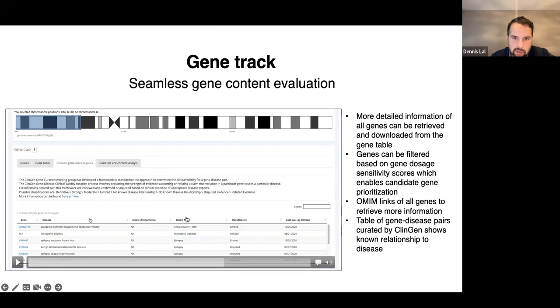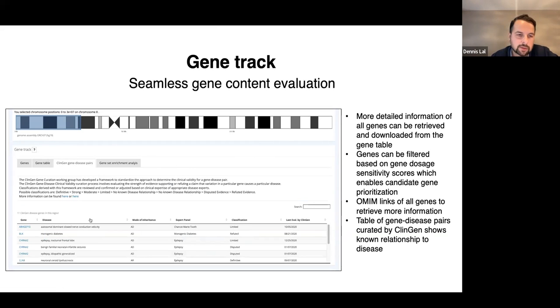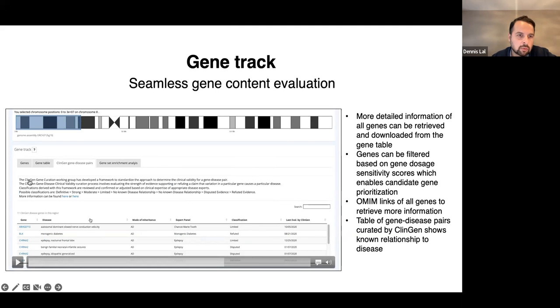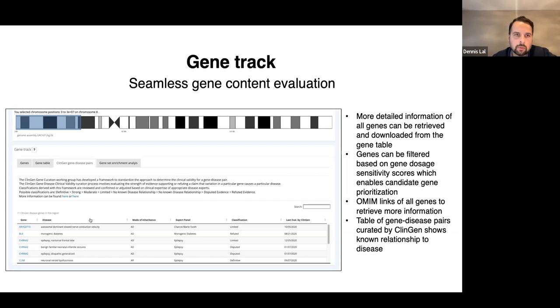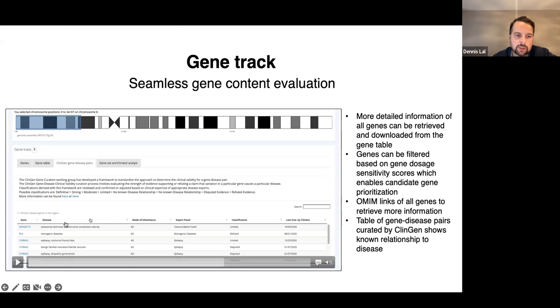You can then look at what level of certainty we have for this disease association, because we take this from the so-called ClinGen consortium, which is from the NIH, the largest clinical group of individuals who is vetting our genome and how much we know about the gene to disease validity.